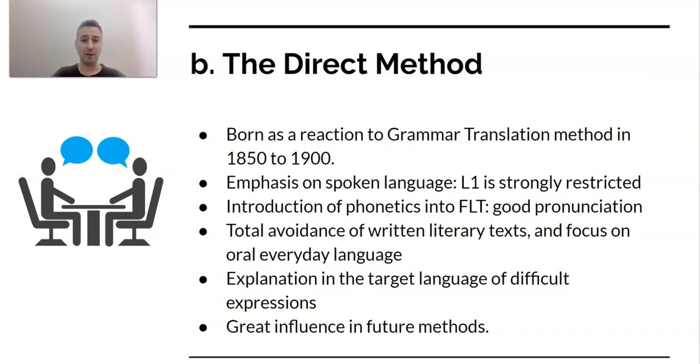The direct method, on the other hand, was a reaction to the grammar translation method, from 1850 to 1900. The emphasis was on spoken language, and the first language was strongly restricted. The introduction of phonetics into foreign language teaching was very important, and it would have a great influence on future methods.